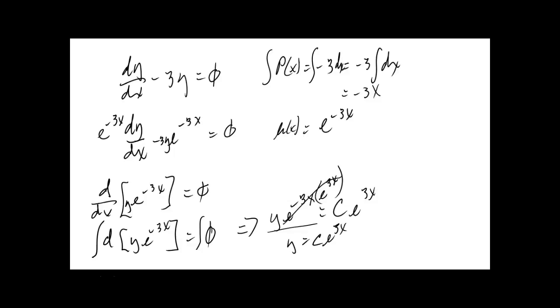Let's do it the other way. Let's actually separate the variables. dy/dx is equal to 3y, right? Agreed? Then divide both sides by y and write it in differential form: dy over y is equal to 3 dx.